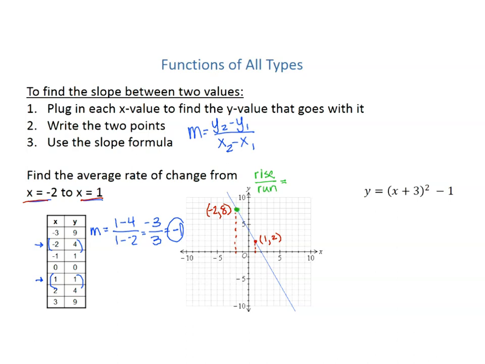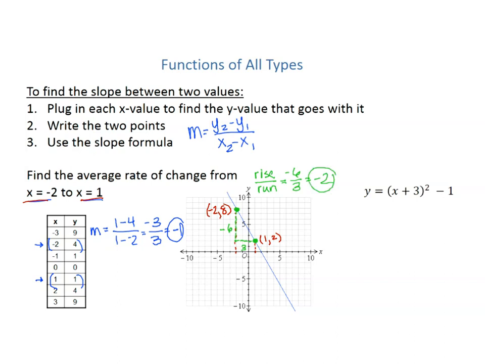So if I wanted to get from this point to this point, I would have to move down a certain number of spaces and then to the right a certain number of spaces. The amount of spaces I would have to move down would be 6. And then I'd have to move over, looks like 1, 2, 3. So that means that my slope is -6 over 3, or -2.